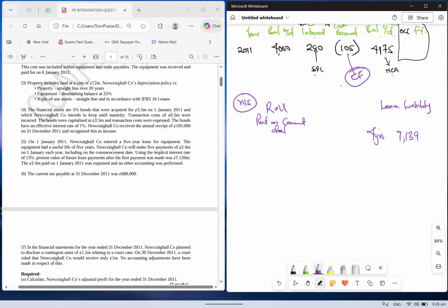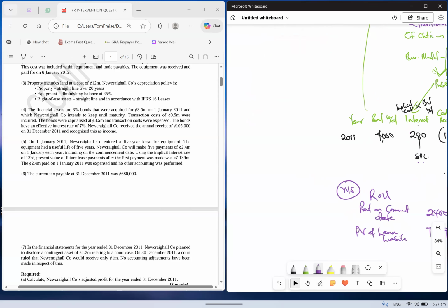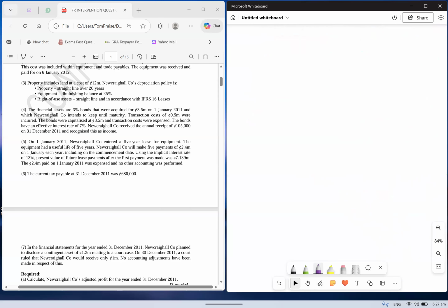So it's supposed to be here, 2.4, 2,400. Then you bring the PV of the lease liabilities, which is 7139. That is what it should be. So since they treated that thing as an expense, we need to go and add it back.